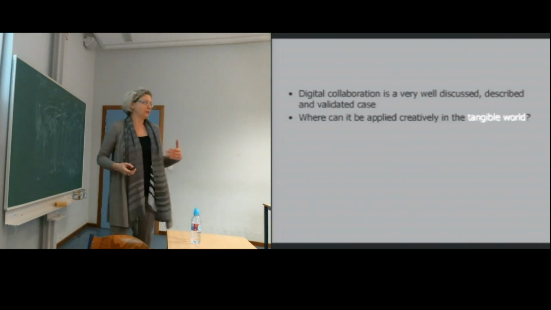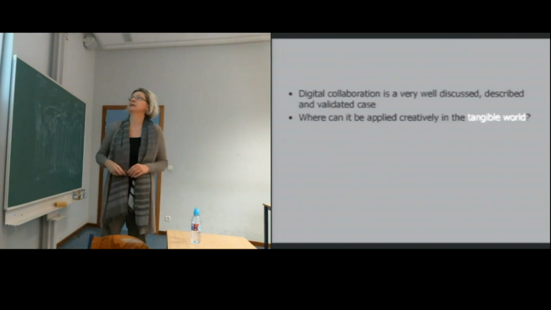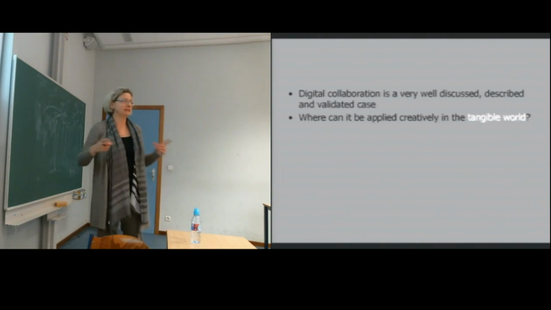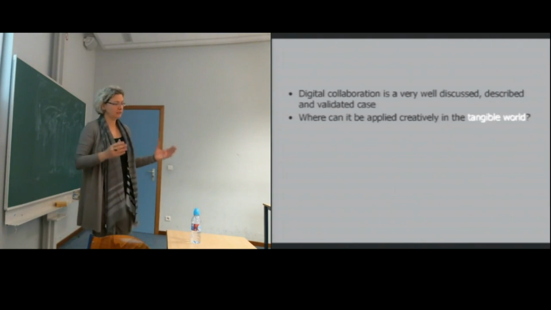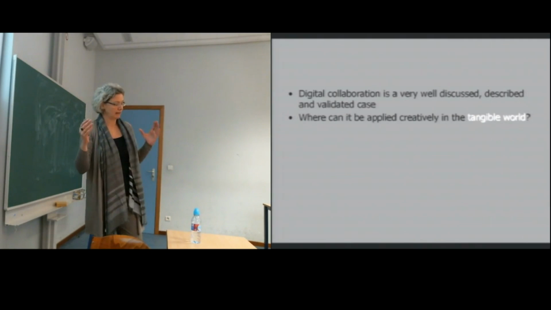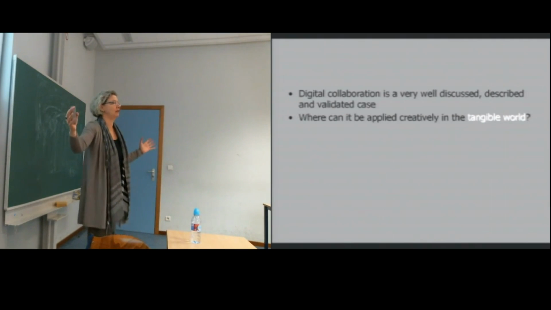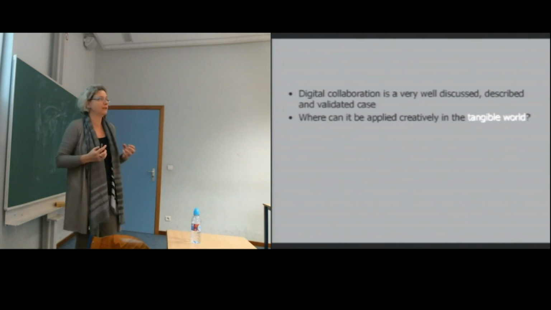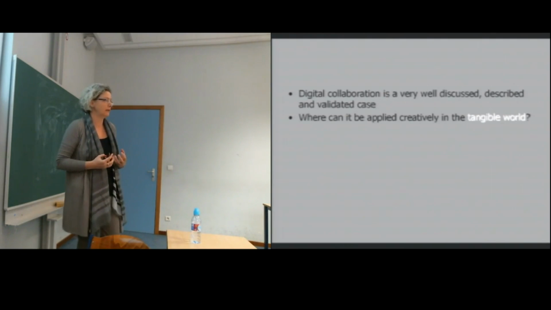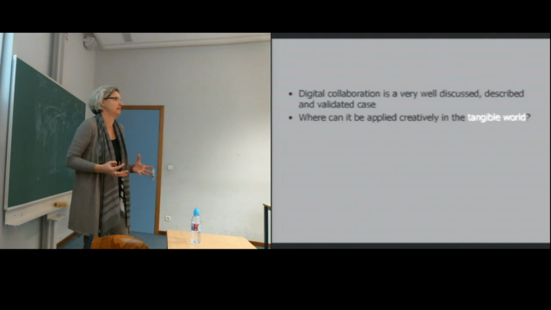So this was one project. This is a different project and it deals with the tangible world. So everything that has to do with Stigmergy and collaboration, I think there is really plenty of data. Now the question is how to bring it into the tangible, and if it's possible and if it's relevant.